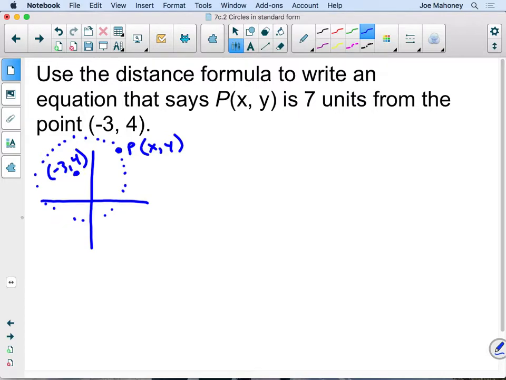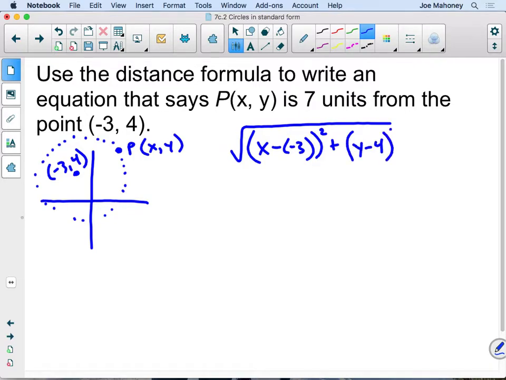So I'm going to do a distance formula: the distance is the square root of x subtract -3 squared, plus y subtract 4 squared, and that's going to equal the length of the radius. But I know that length. The length is 7.